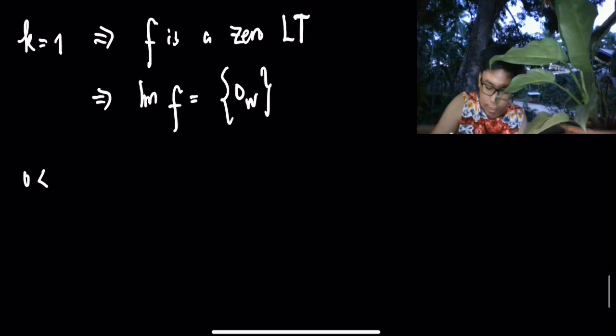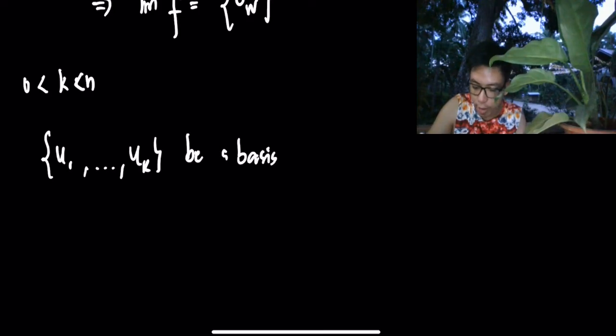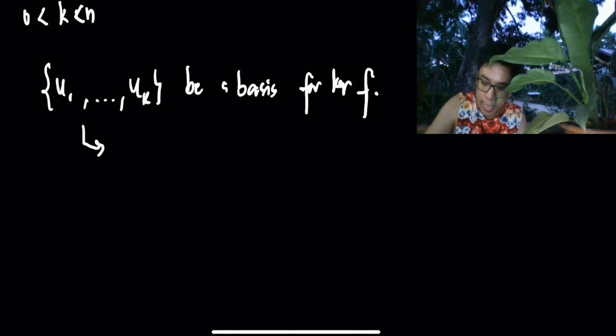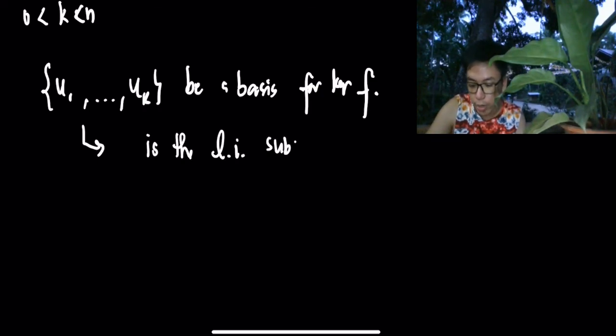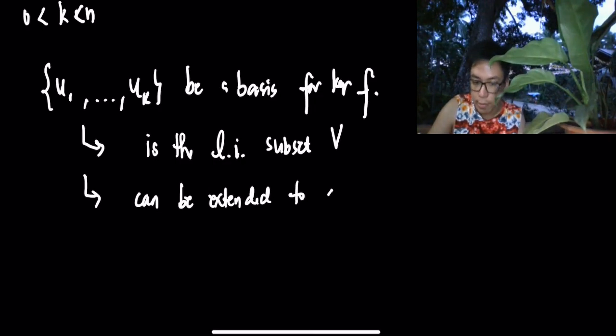Now, how about if k is between 0 and n? If k is between 0 and n, we let u1 up until uk be a basis for the kernel of F. This is also a linearly independent subset of V, because this is actually a basis for the kernel of F. Meaning to say that this can be extended to a basis.